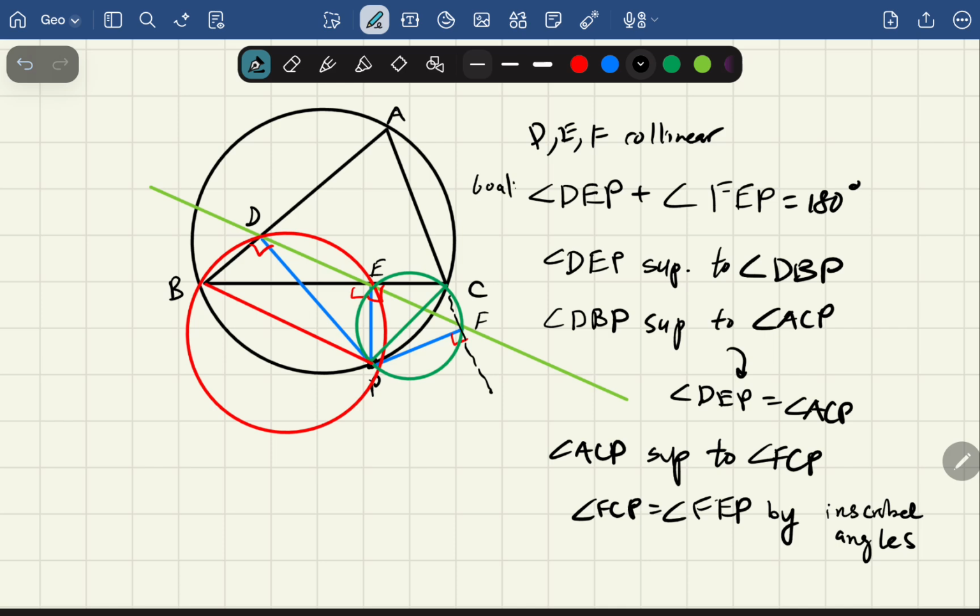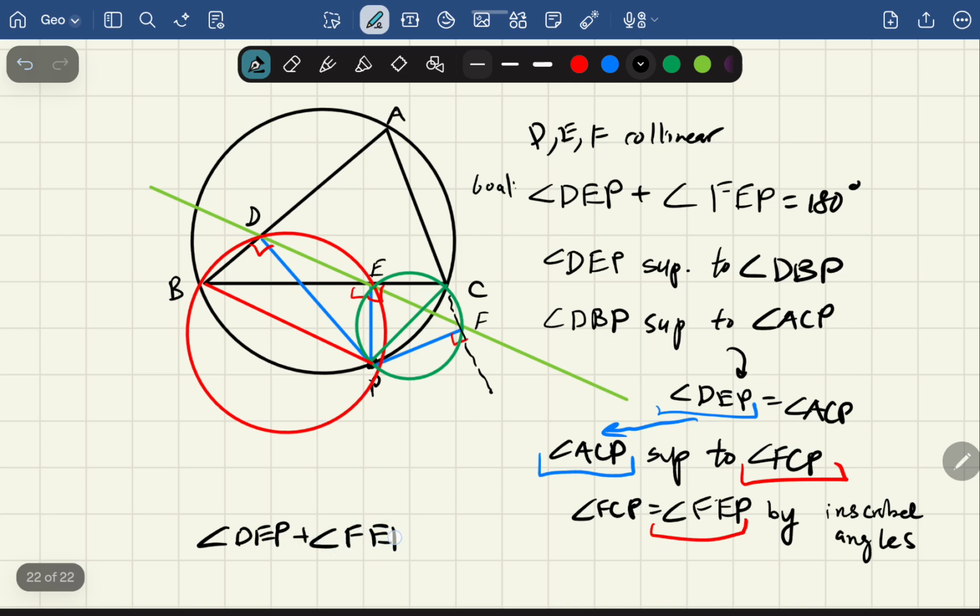And now our logic starts to come together. So we can substitute ACP with DEP, and we can substitute FCP with FEP here, leading to the final conclusion that DEP is supplementary to FEP, right?